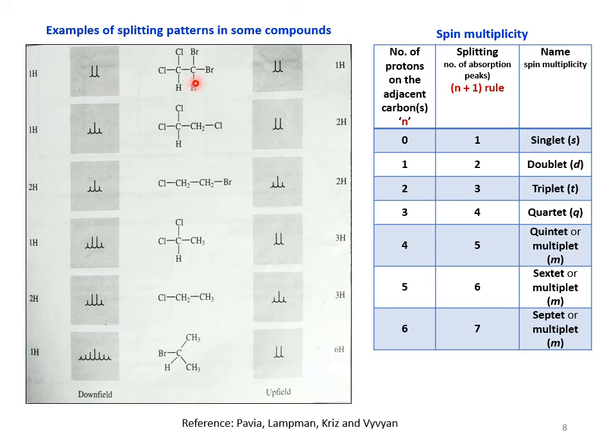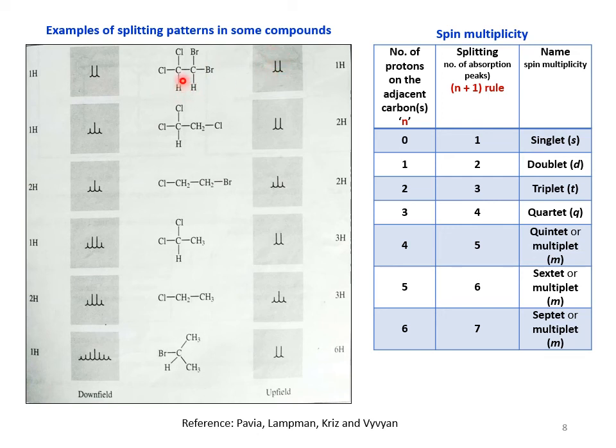So you can see for this methine proton, it is present adjacent to the carbon atom which has only one hydrogen. Therefore, if you apply the n plus 1 rule, n here is 1, 1 plus 1 is 2. So the signal for this methine proton splits into 2.